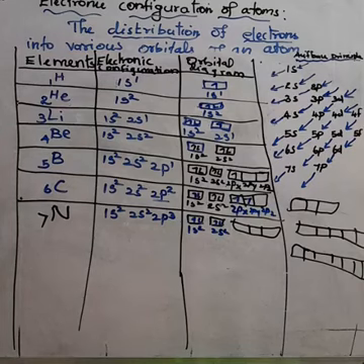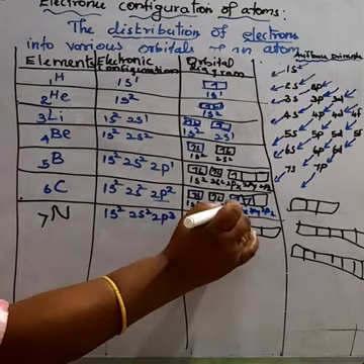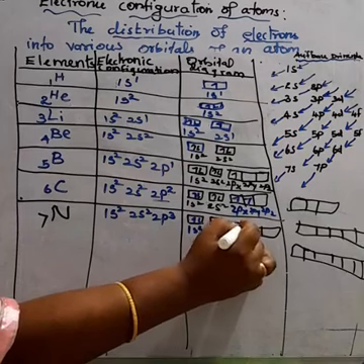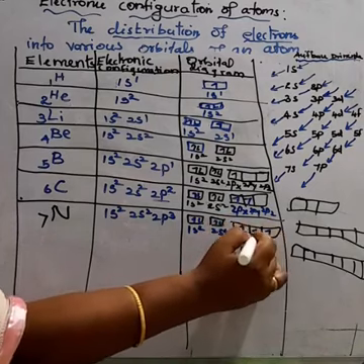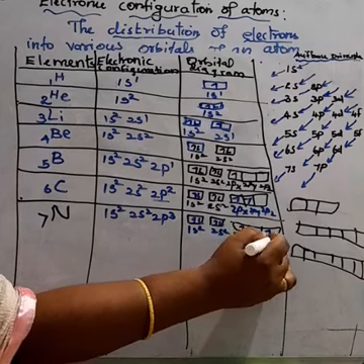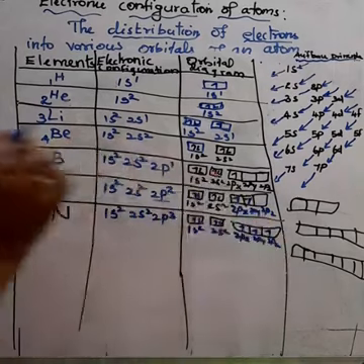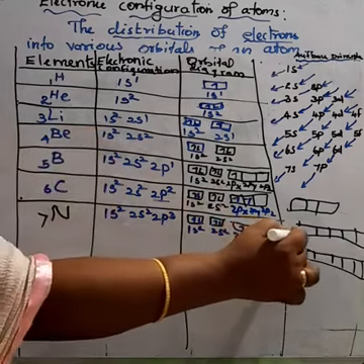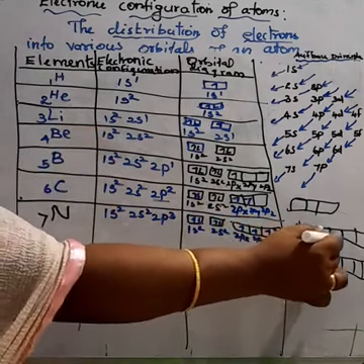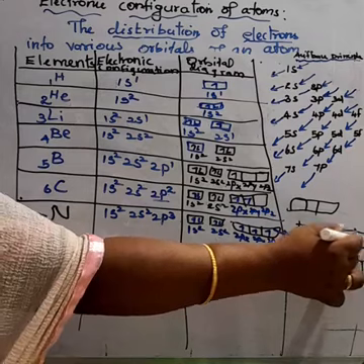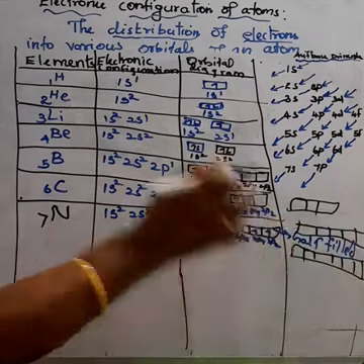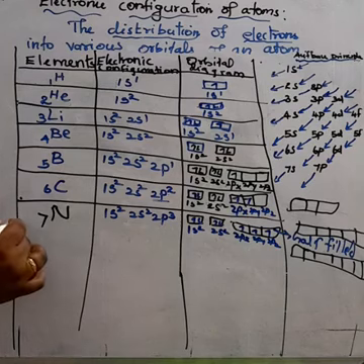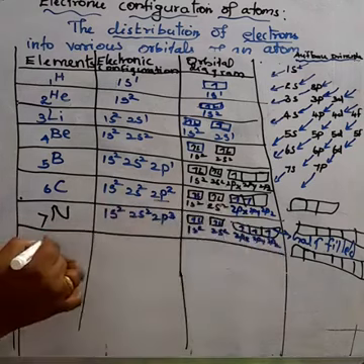How will you fill the electrons in the p orbital? First we fill singly. This is a half-filled orbital. Half-filled means all the p orbitals have 1 electron each. Understood?